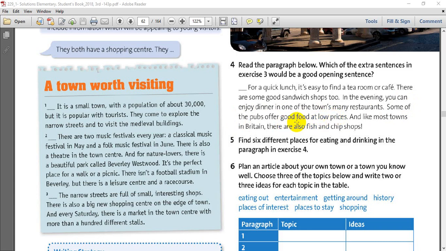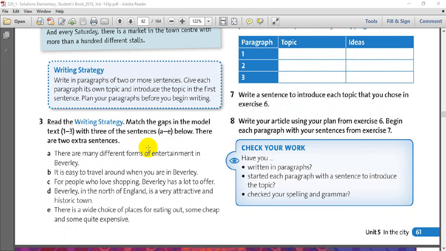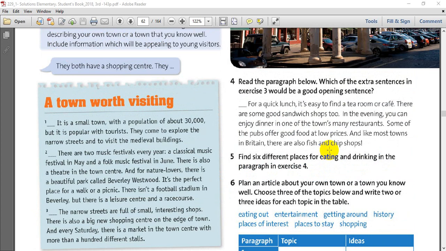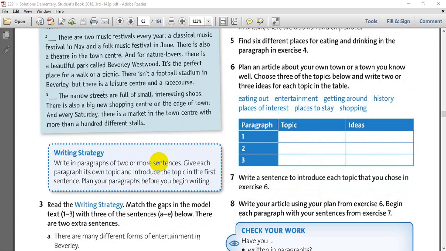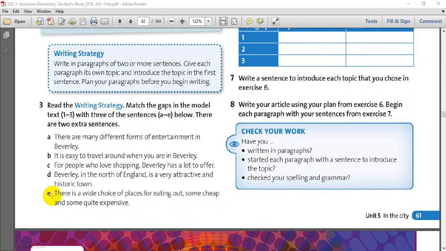And like most towns in Britain, there are also fish and chip shops. So which one, B or E? We will choose E. There is a wide choice of places for eating out, some cheap and some quite expensive. So for number 4, we choose E.